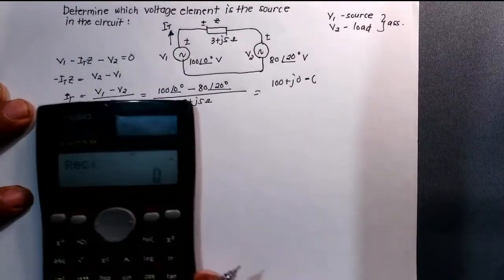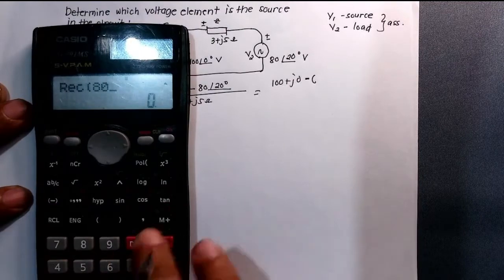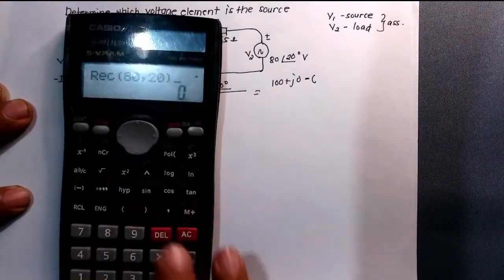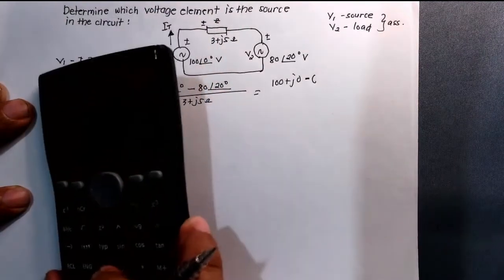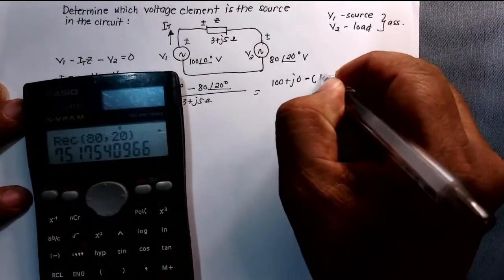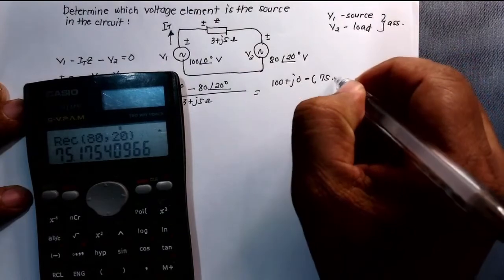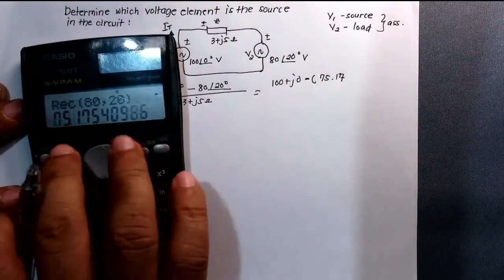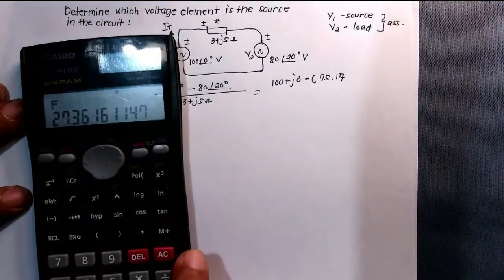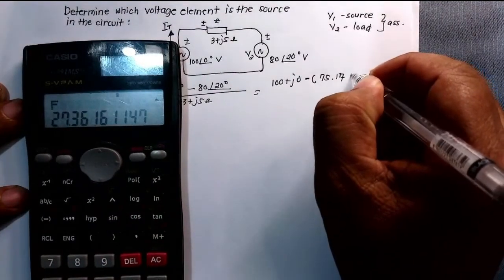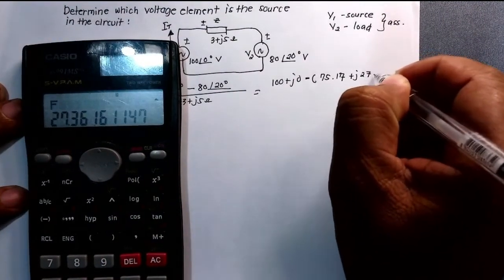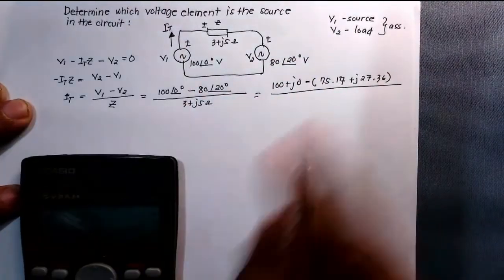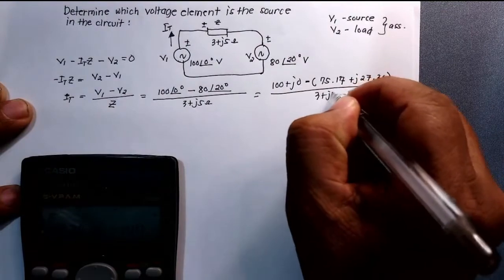Rectangular of 80 at 20 degrees will give me 75.17 for the real part, and for the imaginary part, that will be plus J27.36. It will be divided by 3 plus J5.